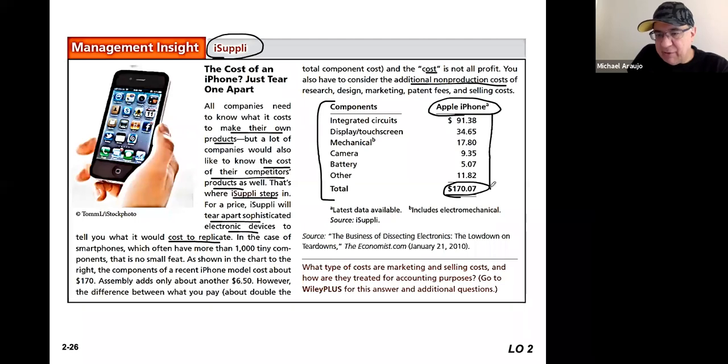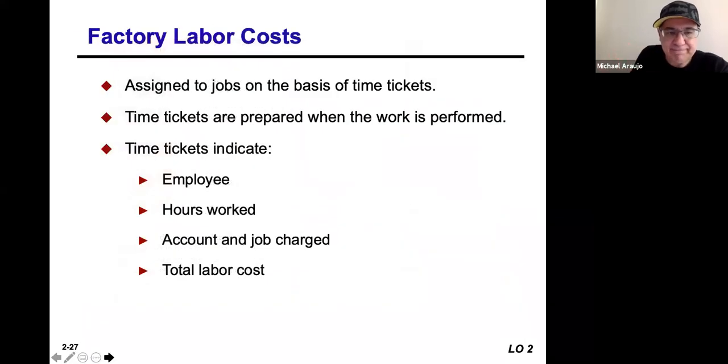But in terms of the manufacturing of this, these are the costs that are involved. Again, this was based on a 2010 article, so it's 10 years old. Interesting company, interesting idea. All right, so if you're moving along, we're on page 55.